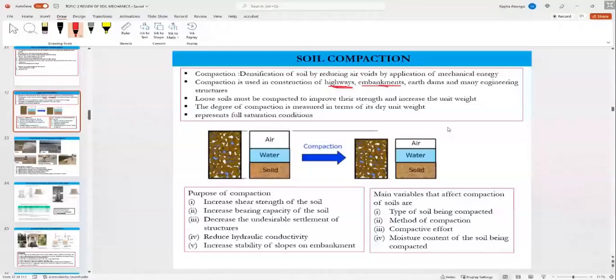It's a slope, and that slope can fail in shear.